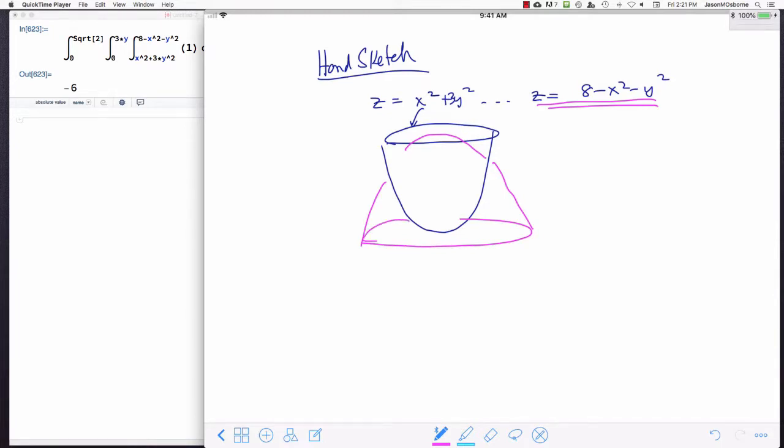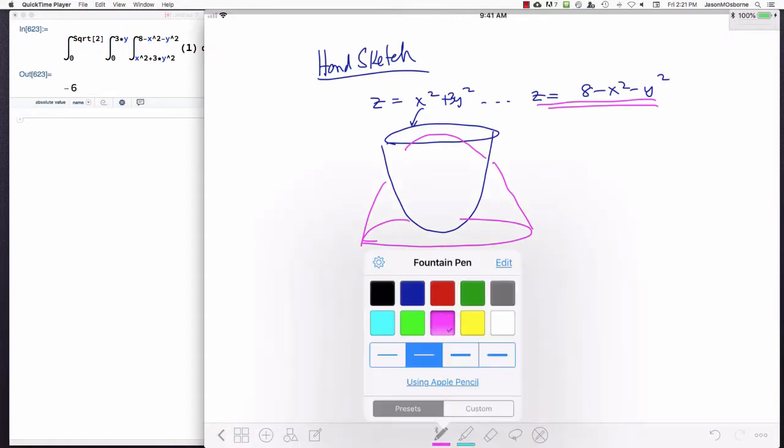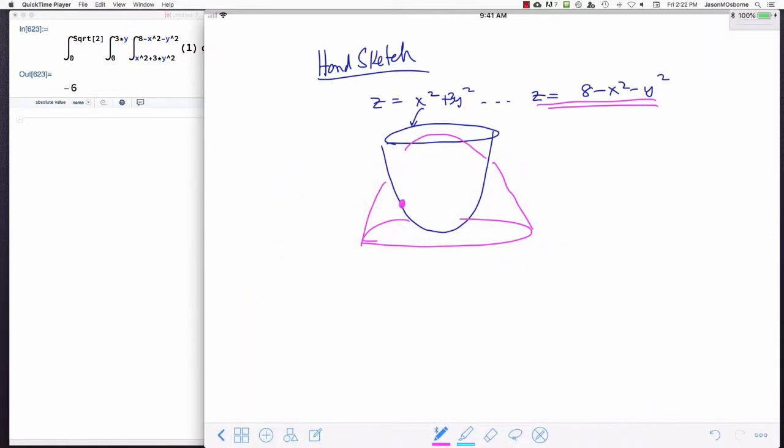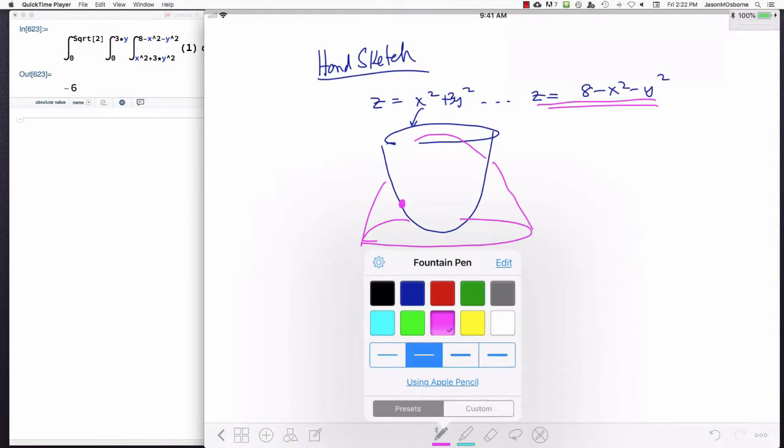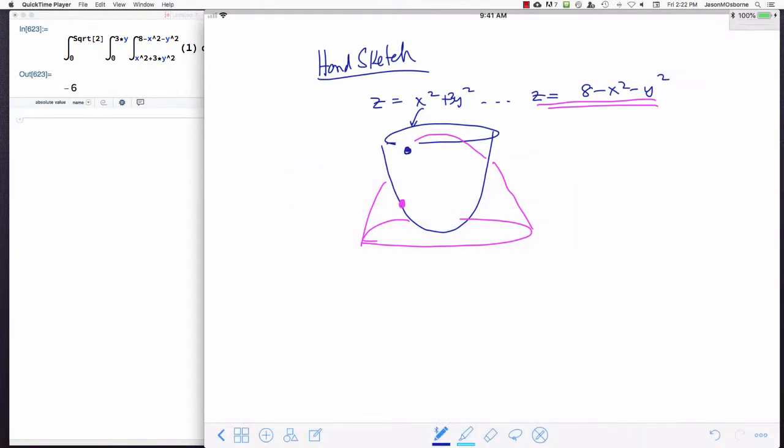Okay, and that when we're integrating from z, we're going from z equal to the bottom function up to z is equal to the, reverse that, but that we're integrating from there to there in the z.